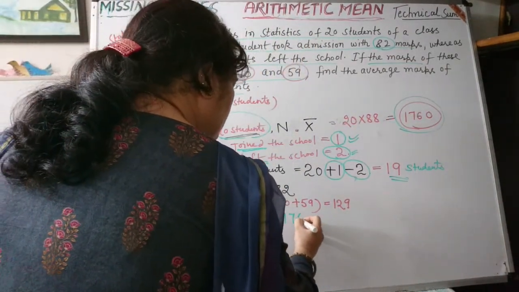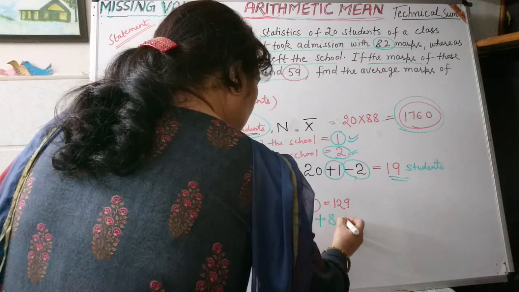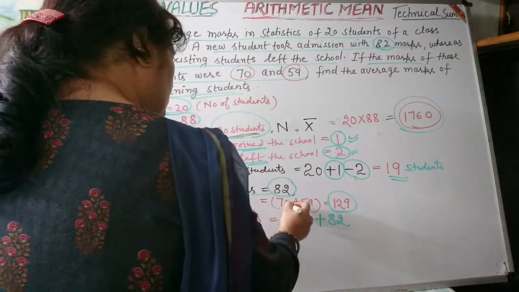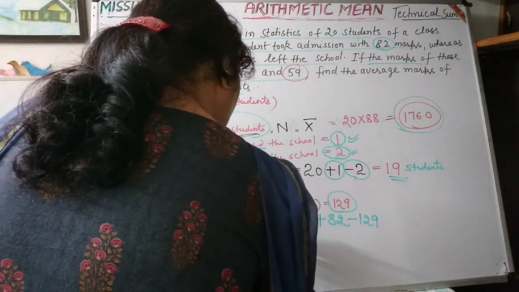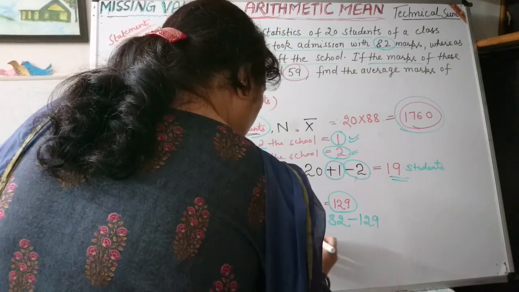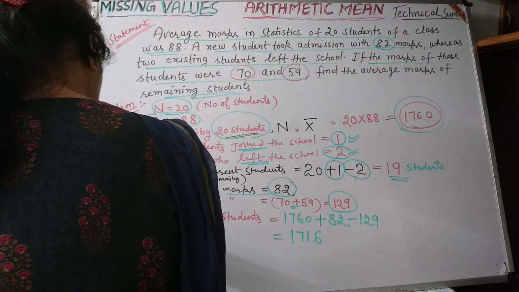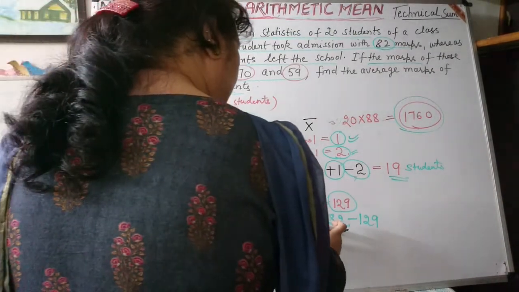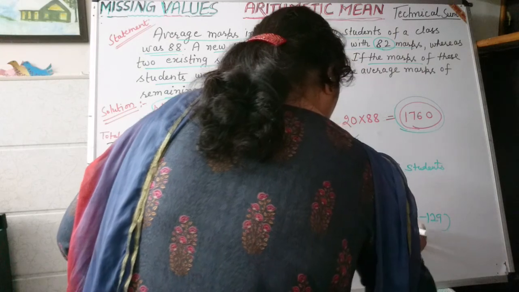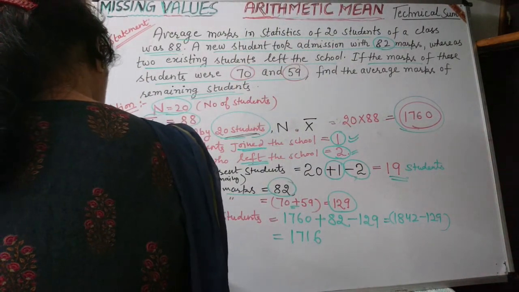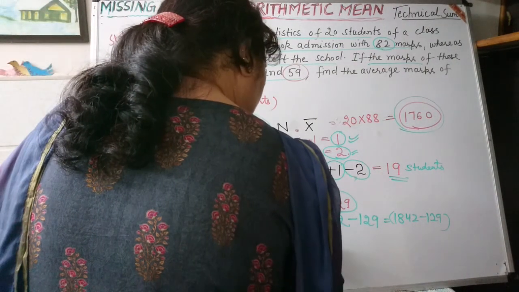So here 1760, plus 82 for the student who has joined the school with 82 marks, and minus 129, the marks of the two students who have left the school, is equal to 1713, because 1760 plus 82 is 1842, and 1842 minus 129 is 1713.